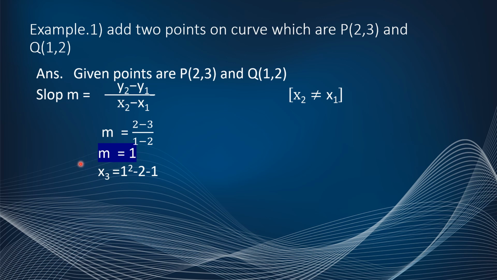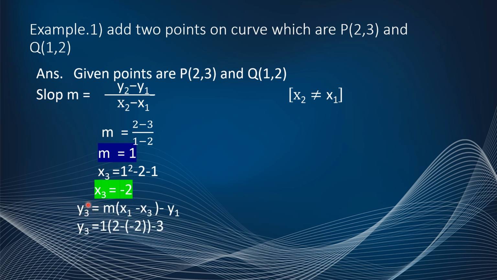Now to find the point x3, we use the formula m square minus x1 minus x2. Here m is equal to 1, so 1 square minus 2, which is x1, and minus 1, which is x2. With this formula we get x3 is equal to minus 2.